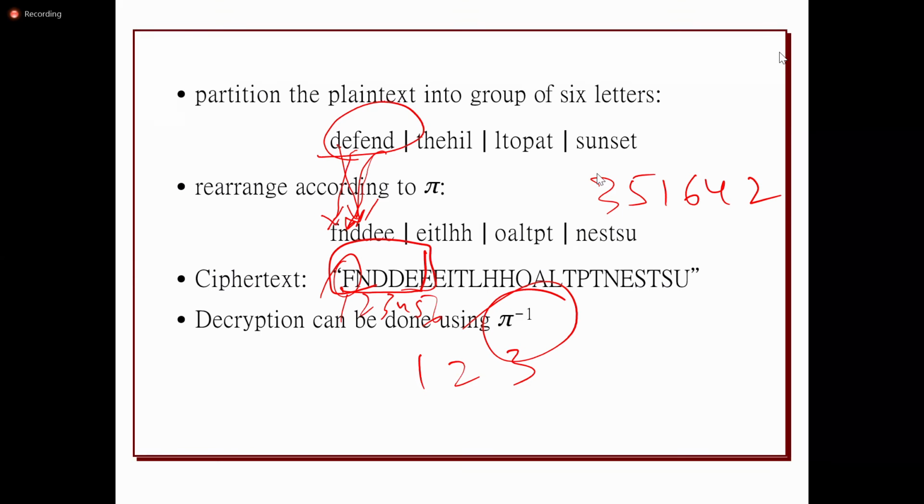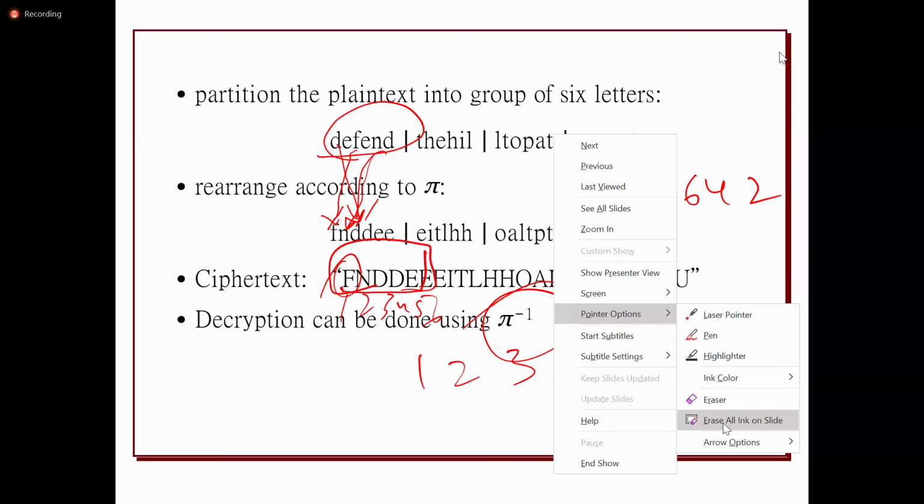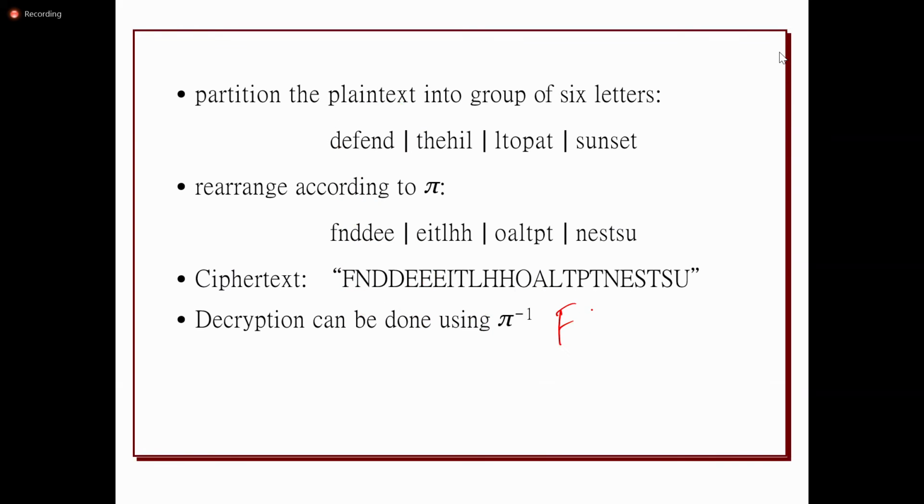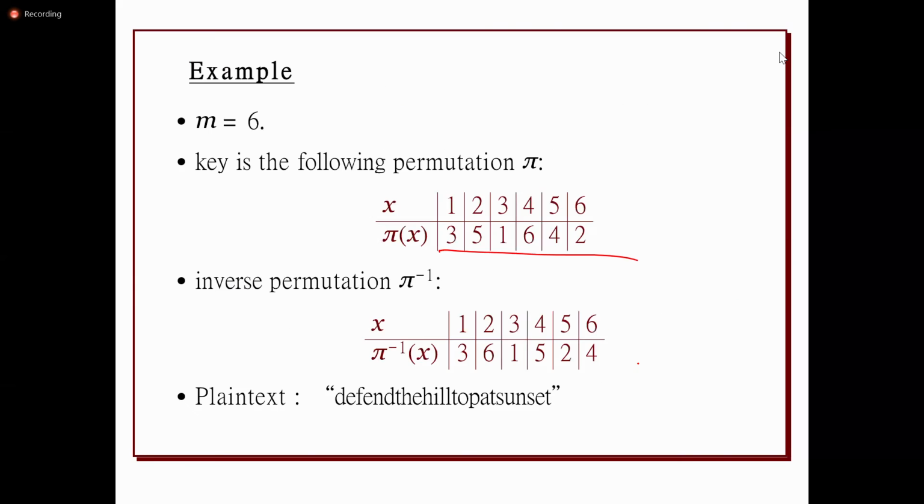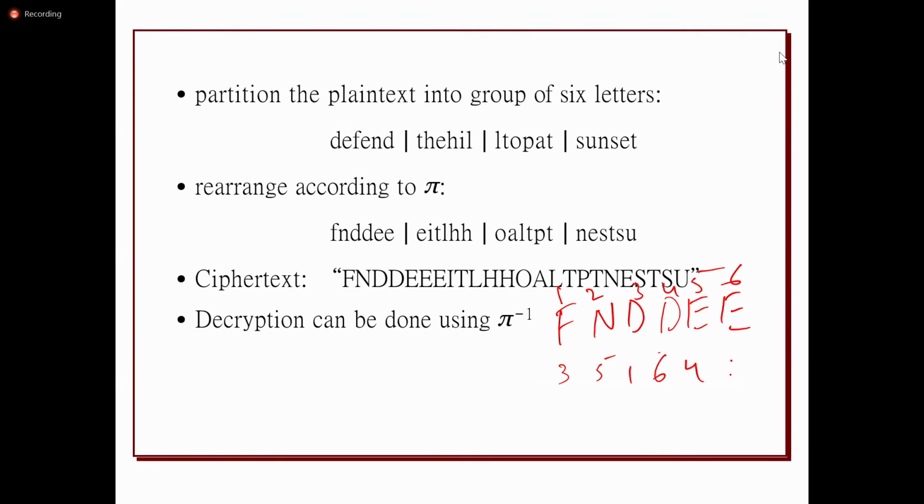So the ciphertext: first we'll take the first block, F, D, D, E. It is placed at 1, 2, 3, 4, 5, 6, but we need to take 3, 5, 1, 6, 4, 2. So the third character is D, and it will be placed over here.